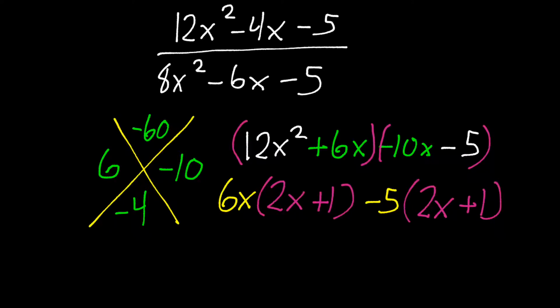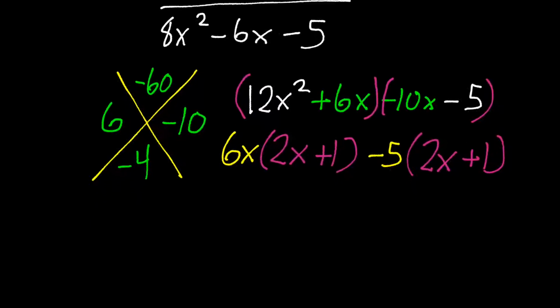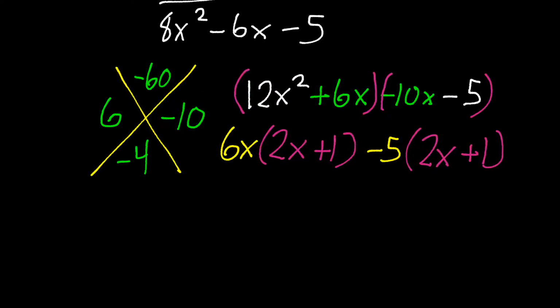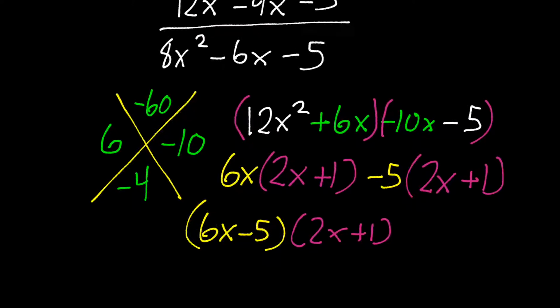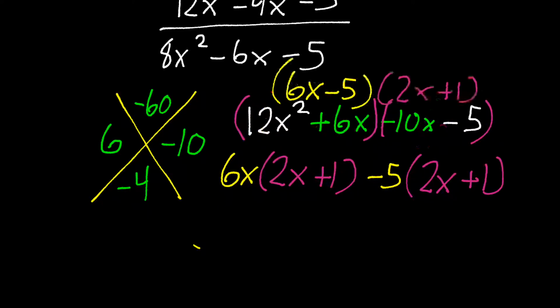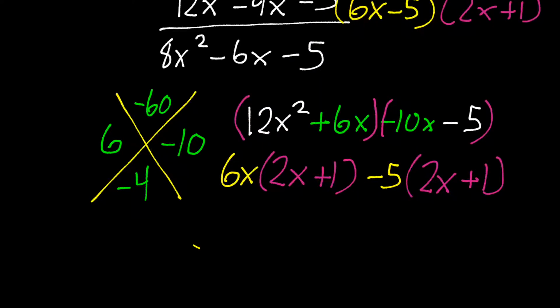And hopefully now you see where we're going with this. I factored it so that this and that are the same. And I can do one more factoring. I'll combine my like colors. So I have 6x minus 5 times 2x plus 1. And that is the full factored form of this right here. So I can take this and move it up, and our first part is now complete.